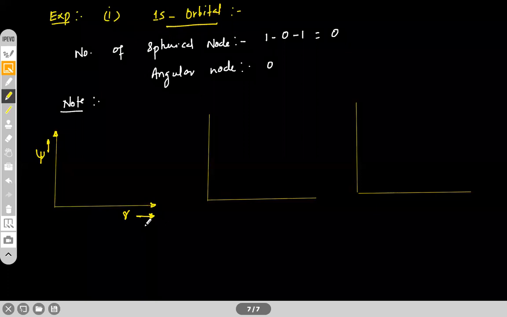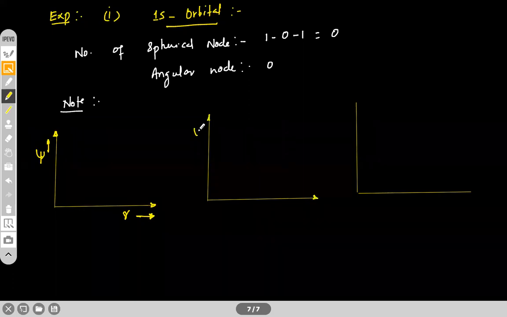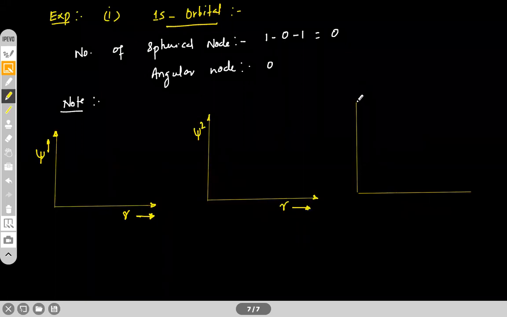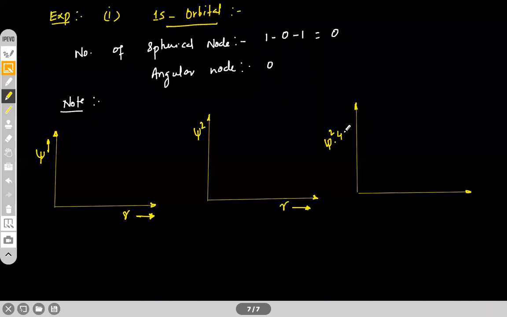The second graph is between the probability density function, that is psi square, and r, the distance from the nucleus. And in the third graph, the y-axis is psi square into 4 pi r square dr, and this is r.